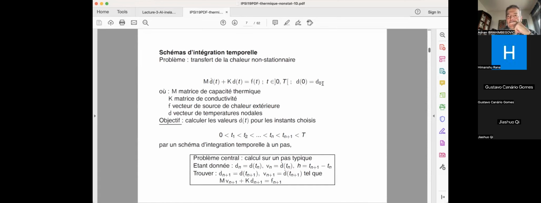So the way I'm going to do that is by using time integration schemes that take into account only one step at a time.